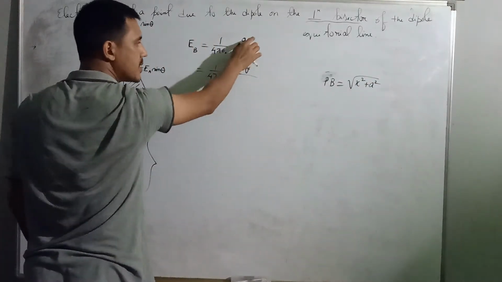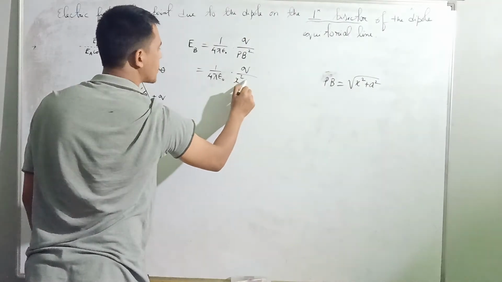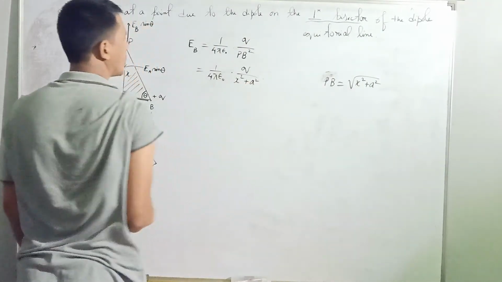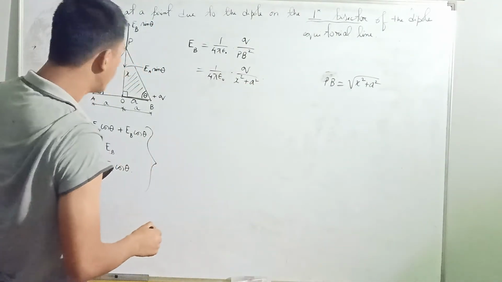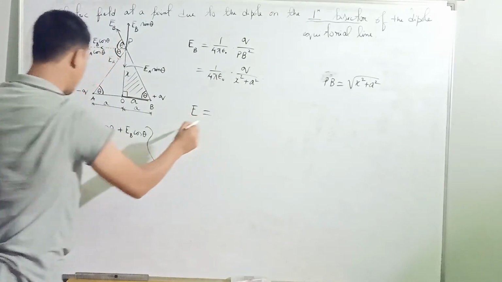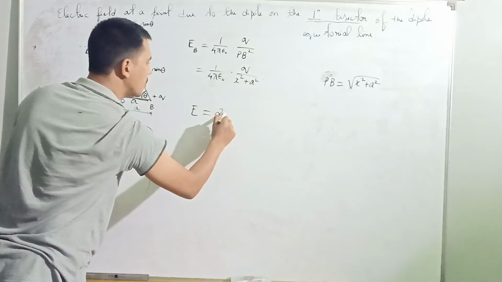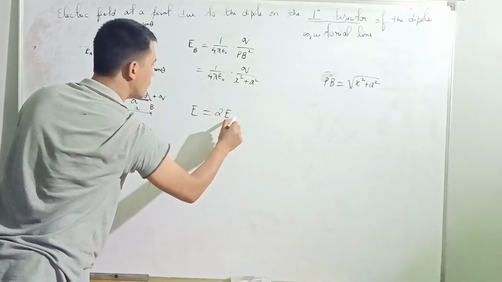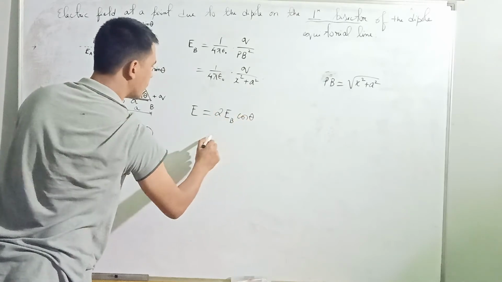So PB square will become X square plus A square. Is it okay?